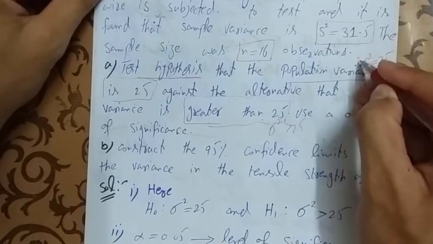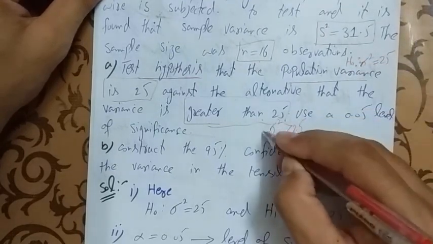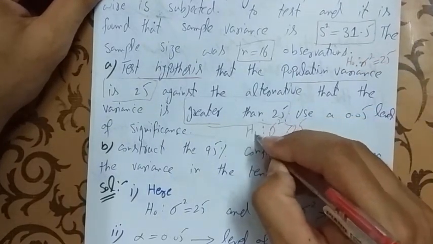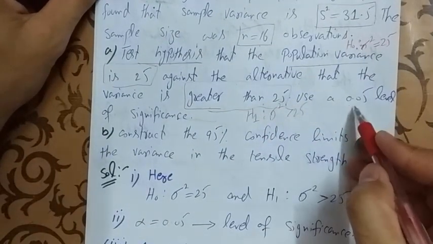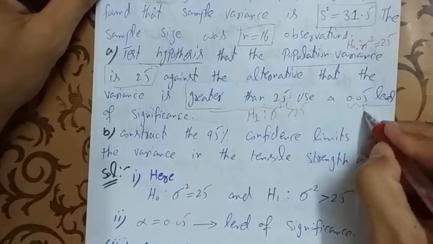This is the null hypothesis and this is the alternative hypothesis. Use a 0.05 significance level, meaning alpha.